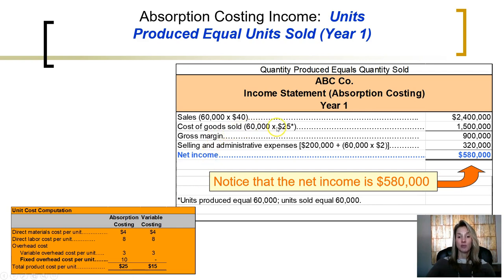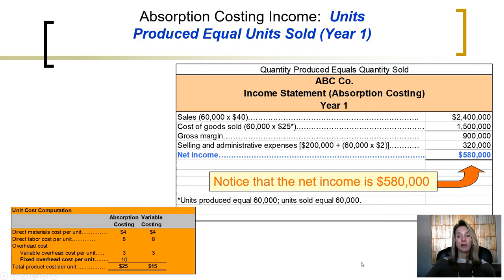So the cost of goods sold product cost will be $25 per unit, leaving us with a gross margin of $900,000. Then we would subtract out our selling and administrative expenses, the fixed of $200,000 plus the variable of 60,000 units at $2 per unit, giving us net income of $580,000.